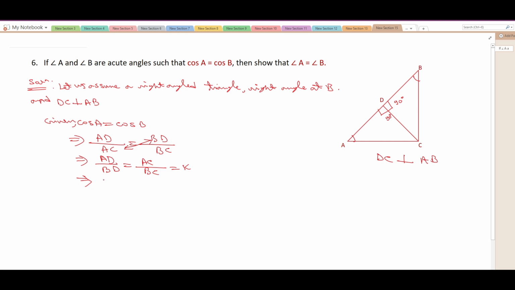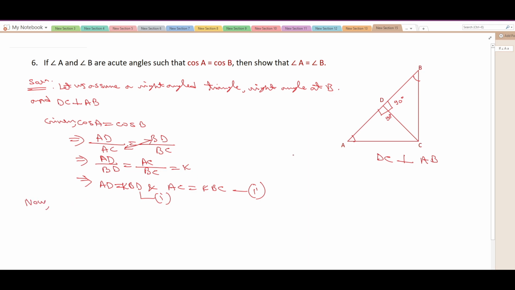So we have AD equals K times BD and AC equals K times BC. This is equation 1 and this is equation 2.